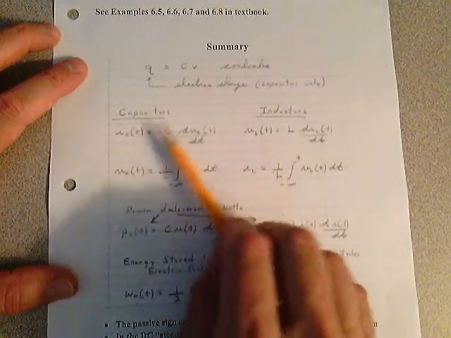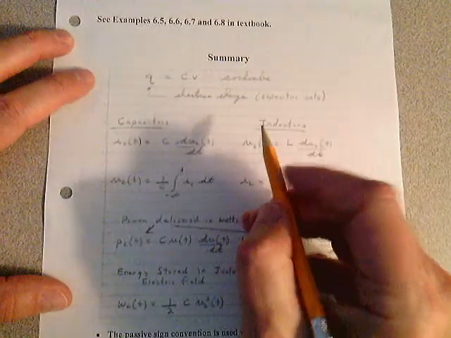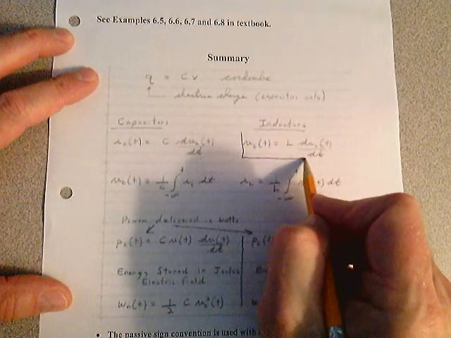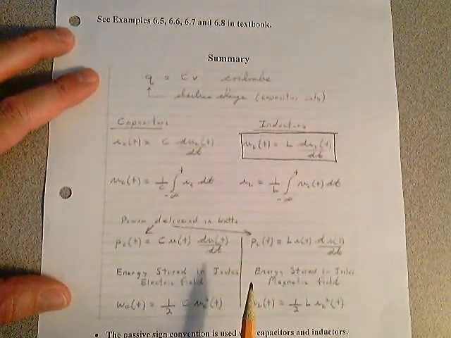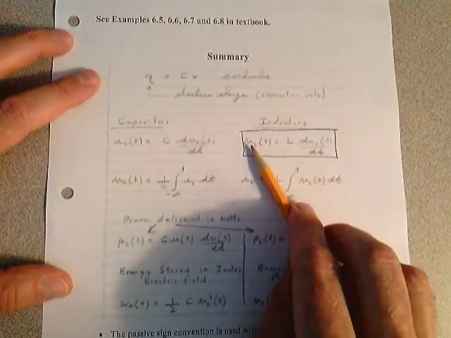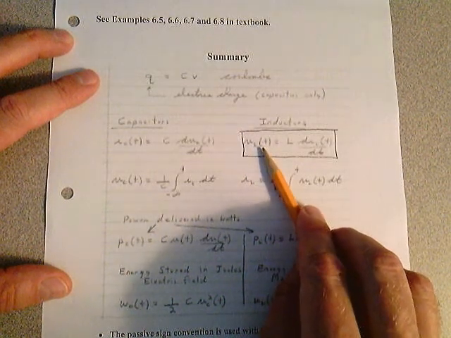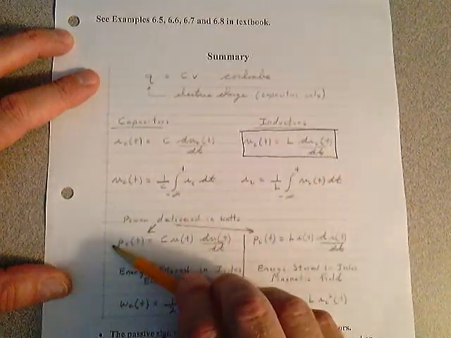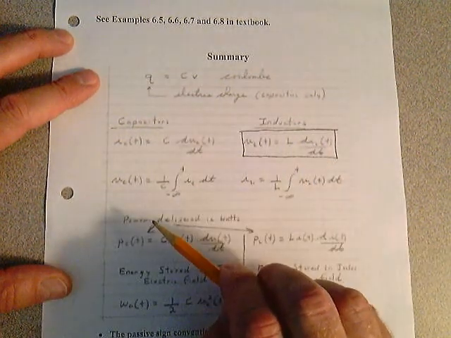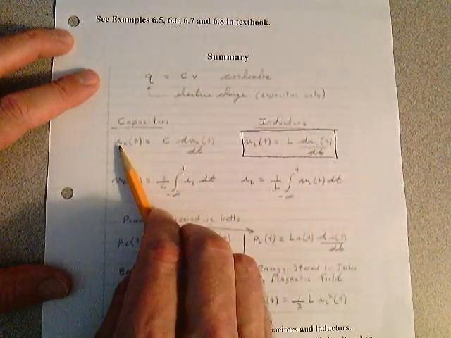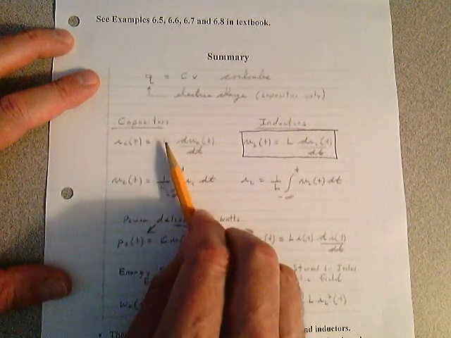What I did when I memorized this is the one I memorized. For some reason, it had a ring to it, L di dt, L di dt. So I memorized that the voltage across the inductor with respect to time is equal to L di dt, the derivative of the current through the inductor. And I know conversely that the current through a capacitor is C dV dt.